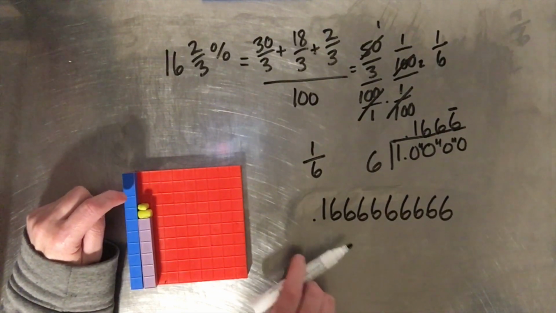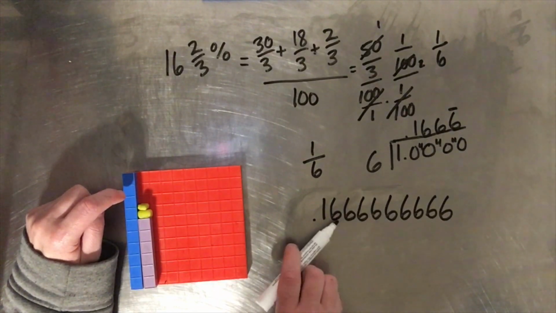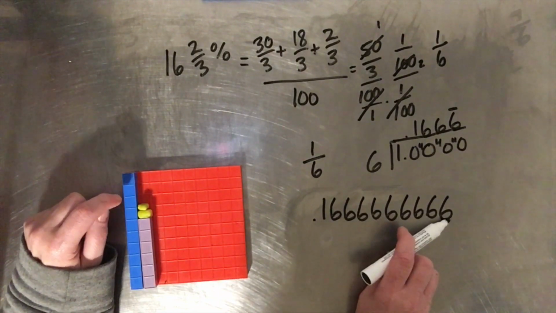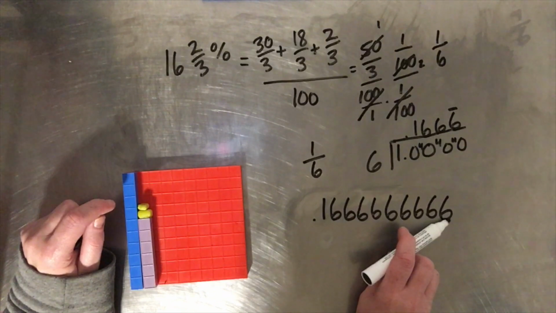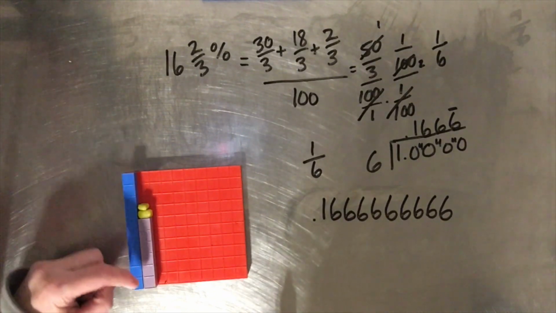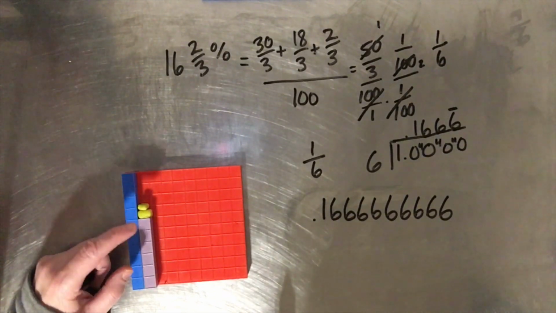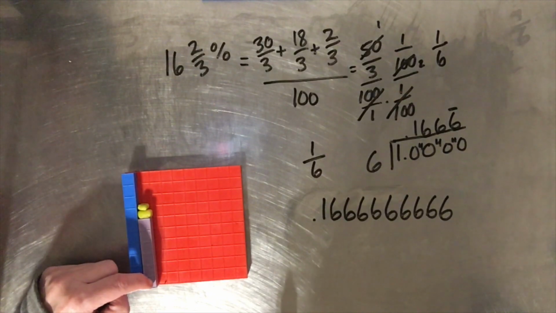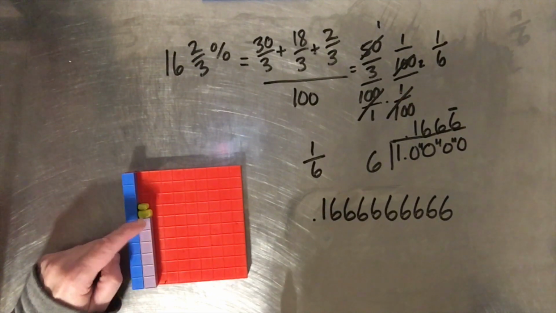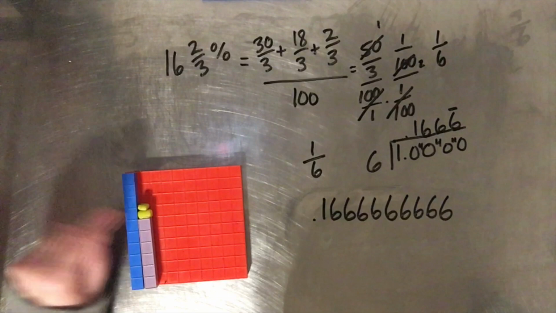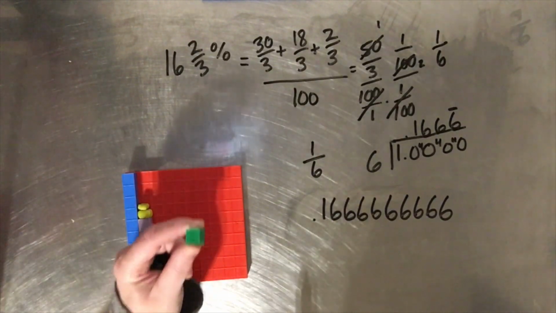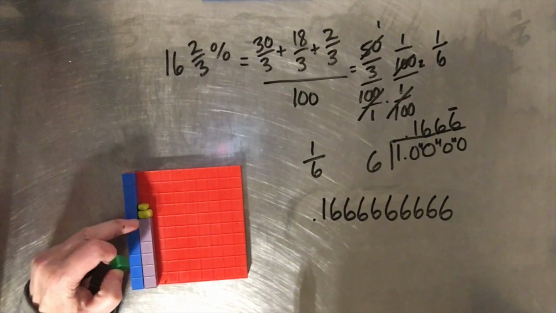Each of the 6 pieces that we add on gets smaller and smaller. So this gets cut into 10 pieces, and we take 6 of them. Then this little one here gets cut into 10 pieces, and we take 6 of them.